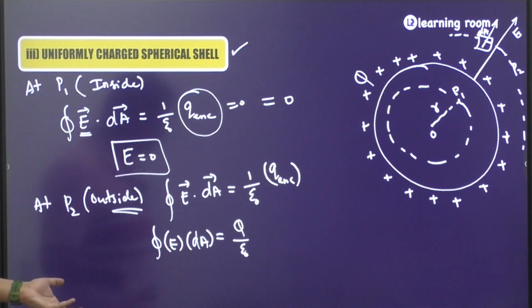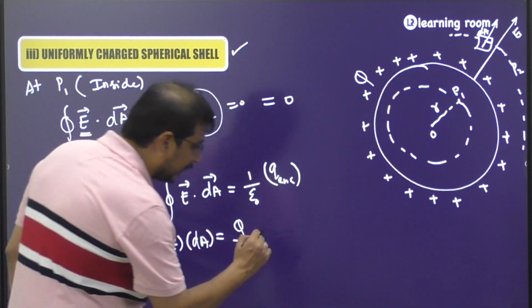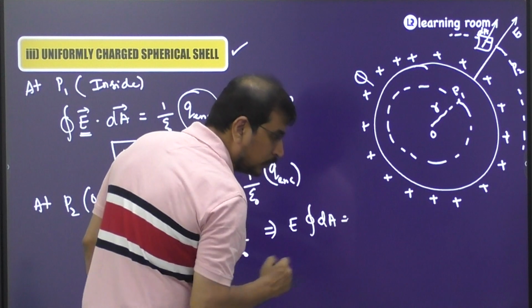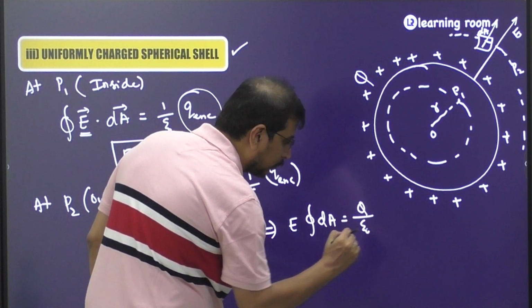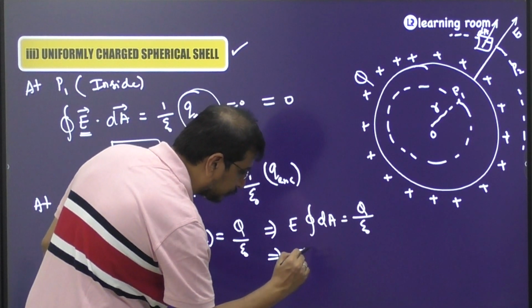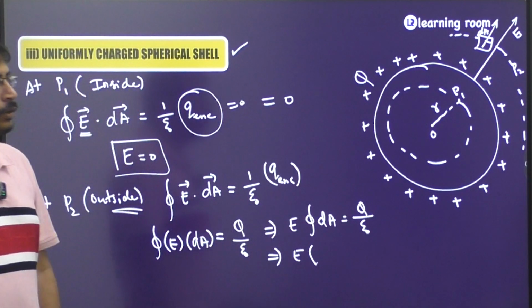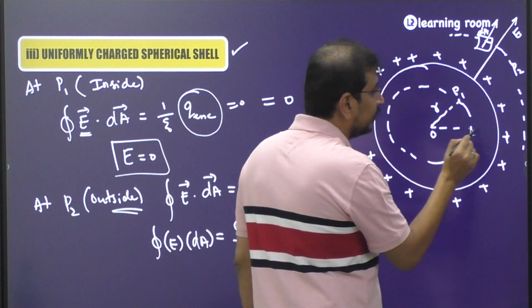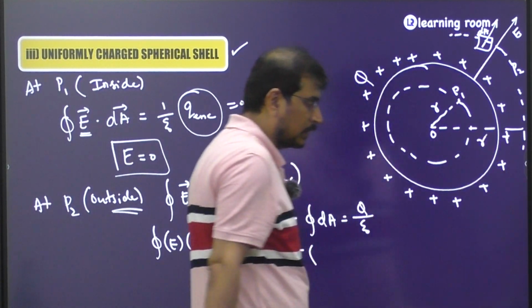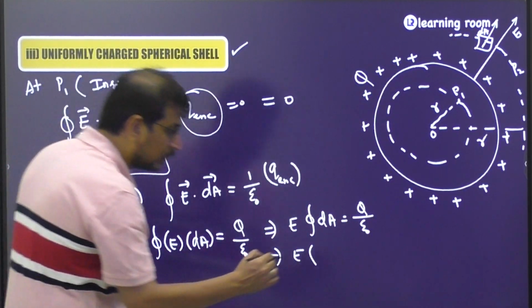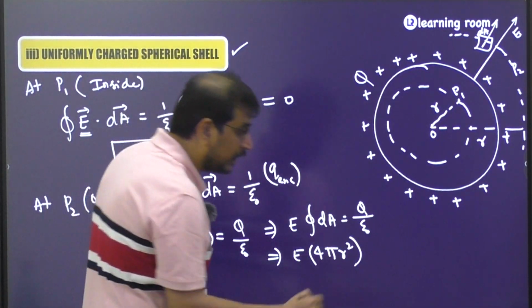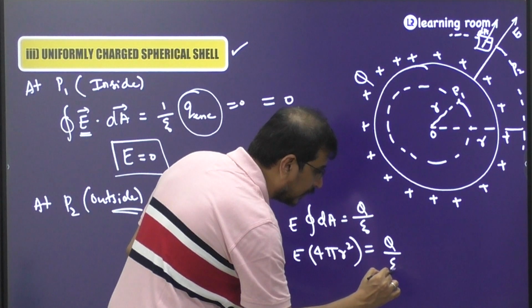So what you can do is take the E outside, which implies E into the surface integral of dA is equal to Q divided by epsilon naught. So what is going to be the value of E? What is the surface integral of dA? Let's say this radius is r. 4 pi r square will be equal to Q divided by epsilon naught.